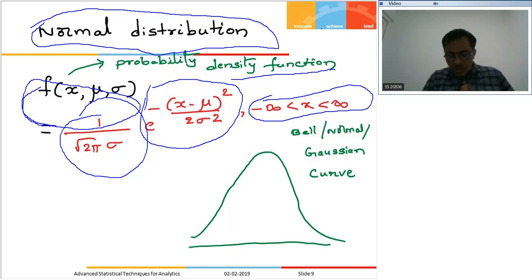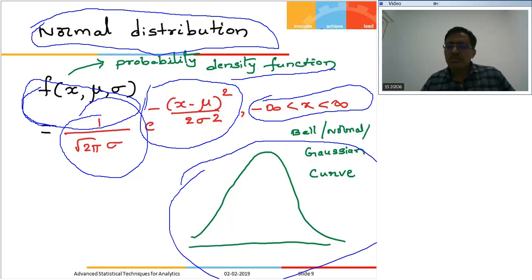Suppose we plot this. It takes all the values in the interval minus infinity to infinity. If I give x positive values and negative values, almost all the values, and plot, then it looks like this curve, which I think is the most favorite curve for you, the bell curve. So the bell curve, normal curve, or Gaussian curve is this.